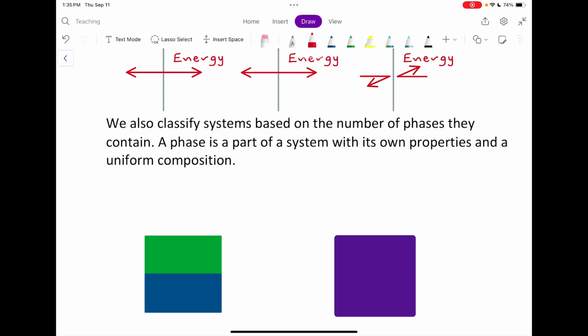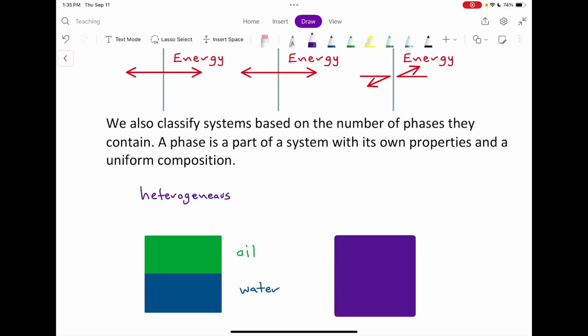So here on the left, we would have a heterogeneous system. And we call it heterogeneous because there's more than one phase, right? You have this green phase on the top. So maybe this is oil and water, which are immiscible. And both could be in the liquid phase there, right? So you would call that a heterogeneous system.